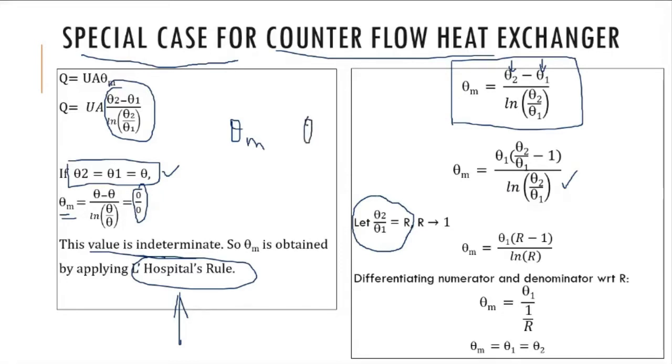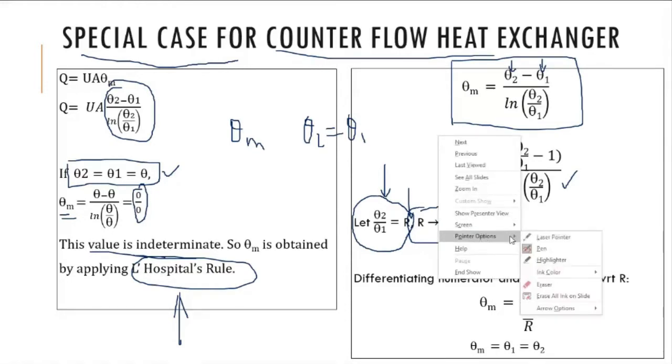Now, since theta 2 is equal to theta 1 for our case, we can say that the value theta 2 by theta 1, or the value r, will be tending to 1. Can we write like this? Yes, sir. Okay.